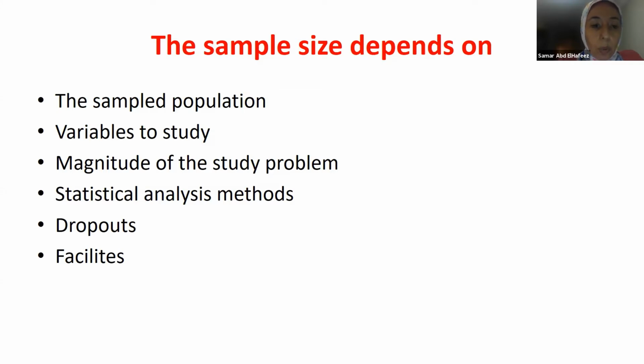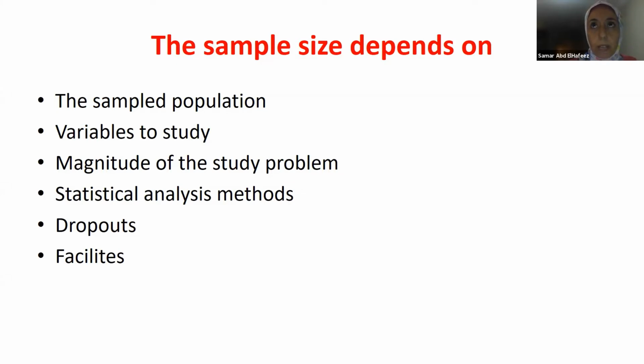So who should be the sampled population in this situation? The sampled population should be the population who got the COVID-19 vaccine. And what is the variable to be studied? The variable to be studied is the incidence of the thrombotic side effects.